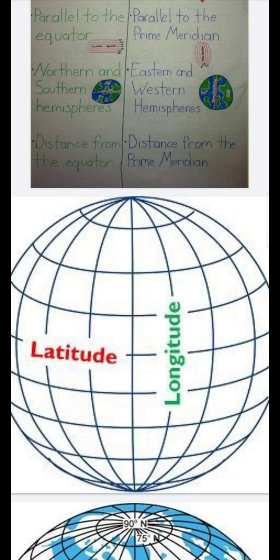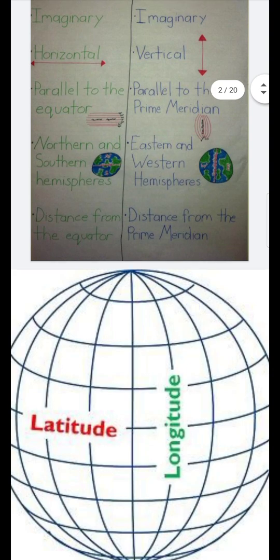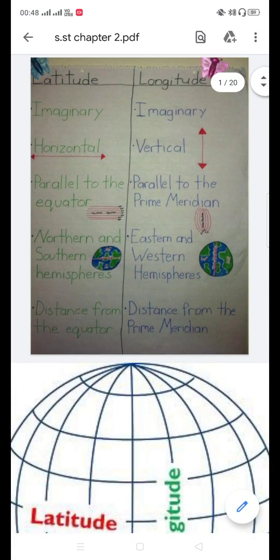The horizontal lines that lie on the earth's surface are known as latitude.